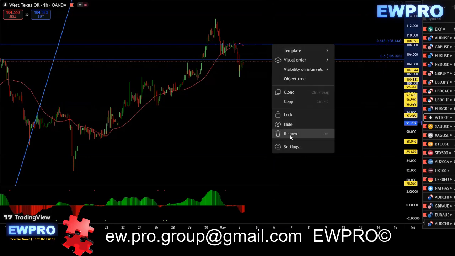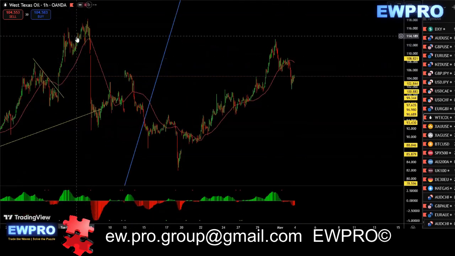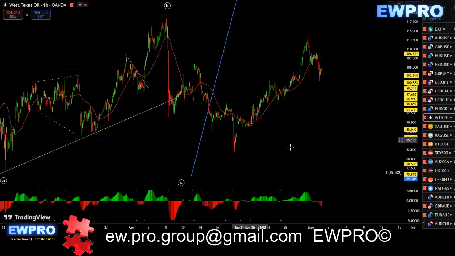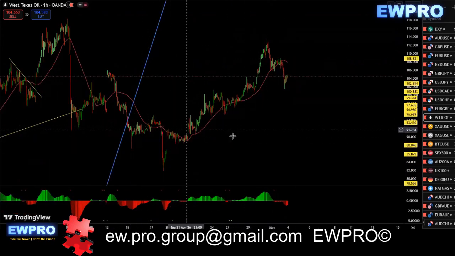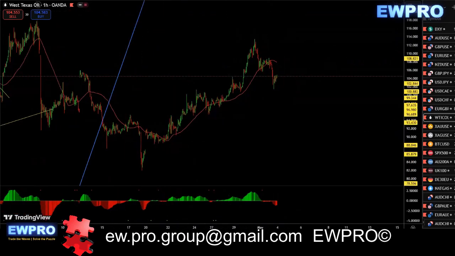We were looking for that correction for a very long time, this A, B, and C. There were other opportunities to get in. This was the first one. Now we are getting three down in here with a bull hidden, so you can look for buys on the lower time frames.